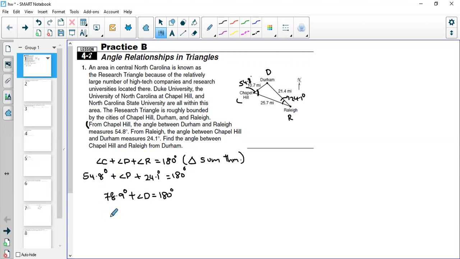So angle D is equal to 180 degrees minus 78.9. That leaves you with angle D being equal to 101.1 degrees. 180 minus 78.9 is 101.1 degrees. So the angle from Durham to Chapel Hill and Raleigh is 101.1.